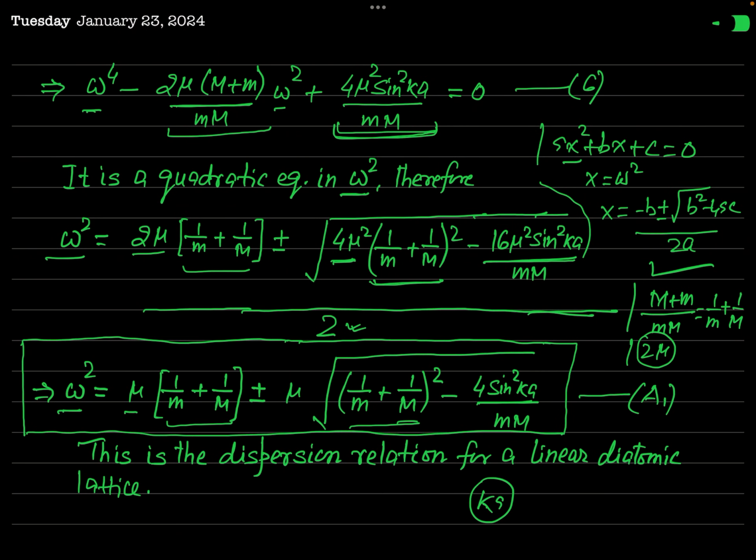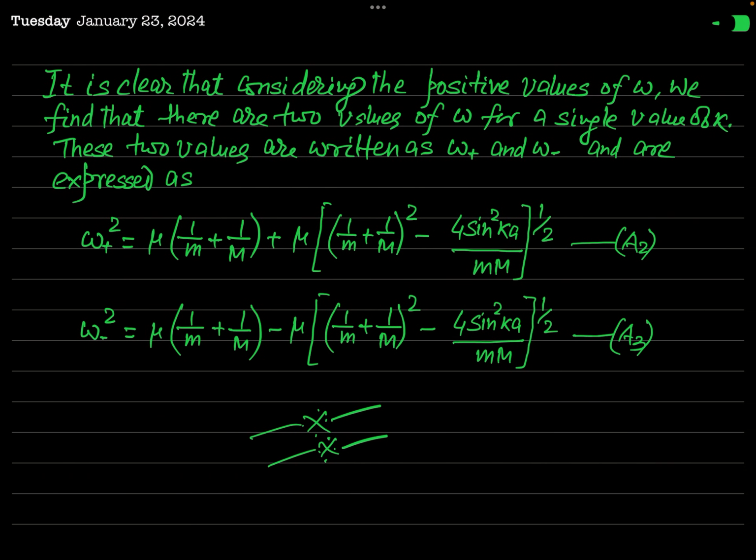Those two values can be obtained by taking this plus sign and this minus sign. When you take the plus sign, you get one value of omega square, and when you take the minus sign, you get another value of omega square. So there are actually two values of omega in the case of diatomic linear lattice vibration.